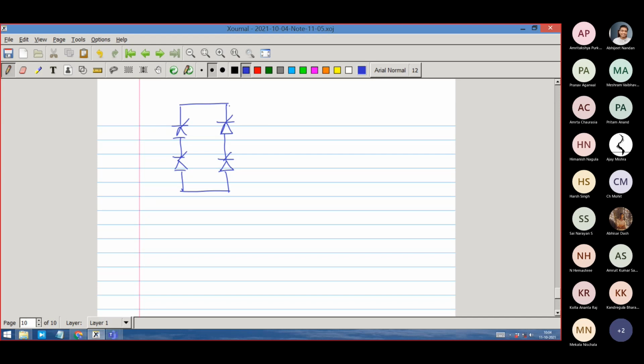So in order to make it clear that it is a continuous conduction mode, I just connect the load as if it is a current source, just implying that it is in continuous conduction. So this load current, you can think that it is now ID, capital ID, implying it is a constant current source.